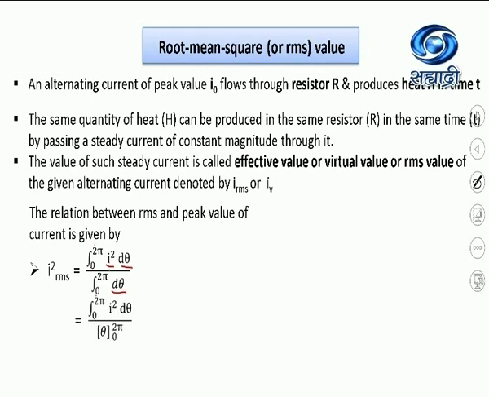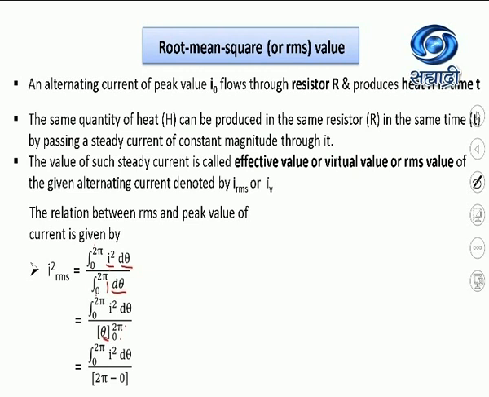So the denominator, integration of 1 with respect to theta, is theta, limits from 0 to 2 pi, and the numerator we have kept as it is, integration of I square with respect to theta, limits from 0 to 2 pi.